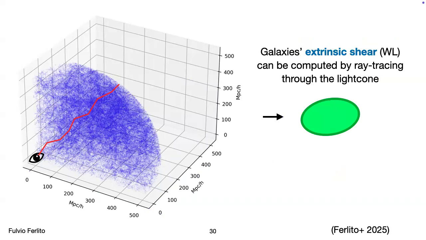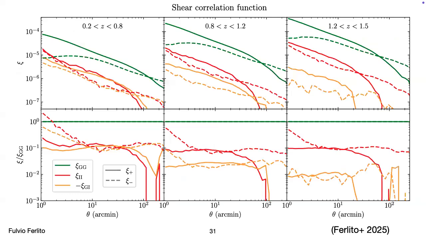Now we have the intrinsic and extrinsic shear, and we can compute their correlation function. Sorry, this plot has a lot going on. Basically, we took 3 redshift slices and investigated them in these 3 redshift bins. This is a popular choice in weak lensing surveys. In green, we see the weak lensing signal, which is dominant.